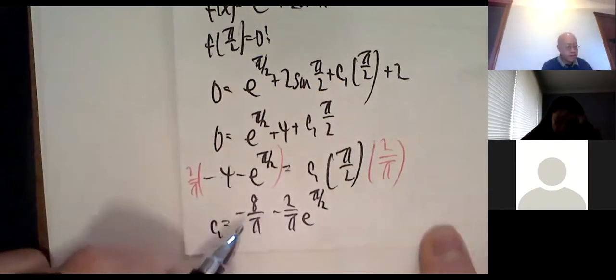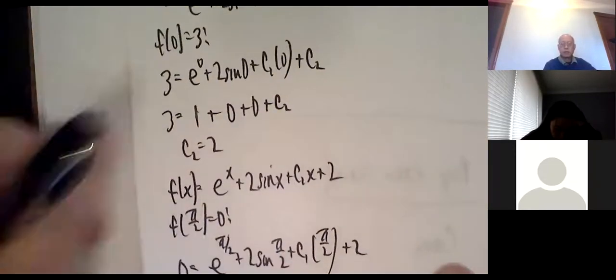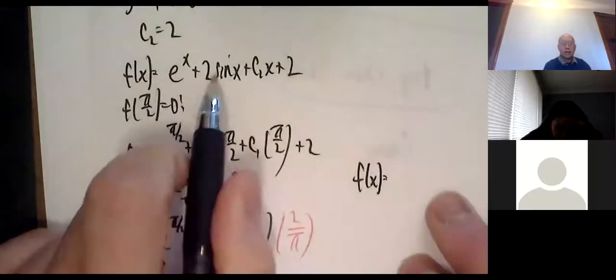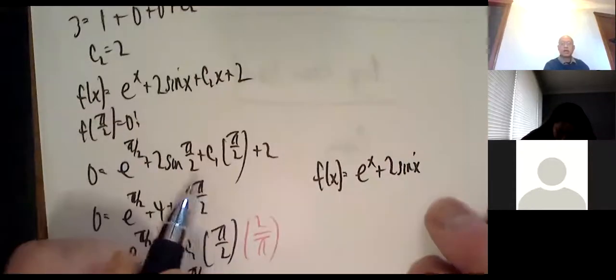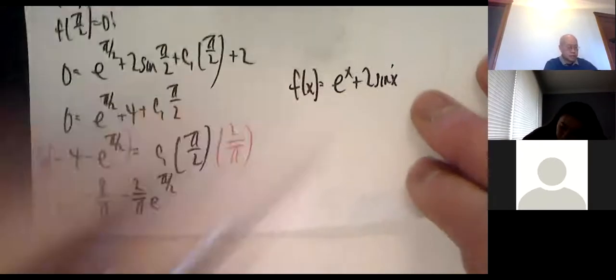Okay, that weird thing is my coefficient way back over here. So now all I'm going to do is copy this, except for c1, I'm going to put that, and that's about it. So my final answer, let me stick it over here. I copy this, I copy the 2, but my c1 is going to be all this. Final answer: e to the x plus 2 sine x plus c1x, which is now all of this.